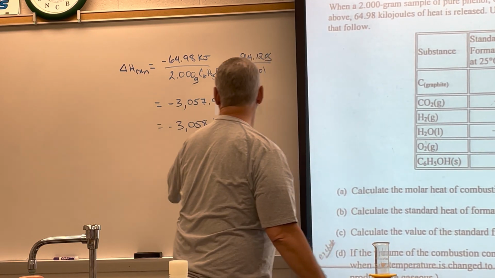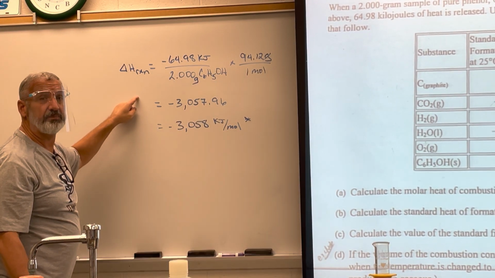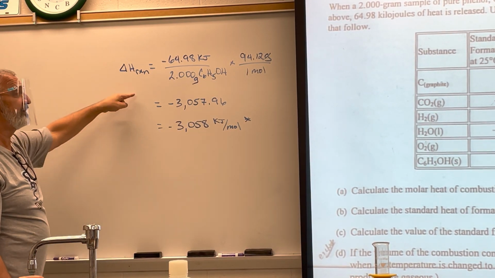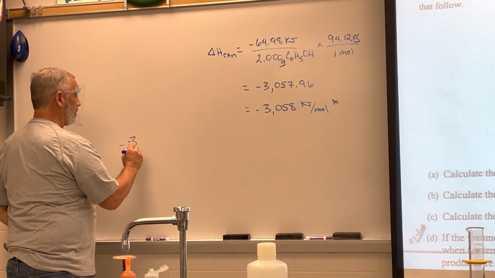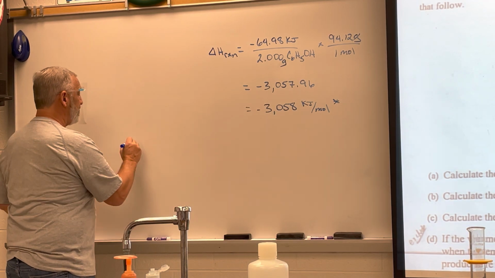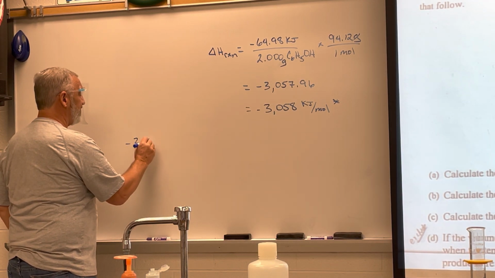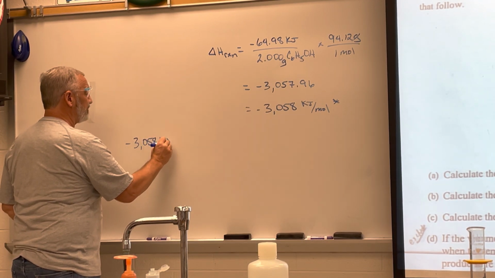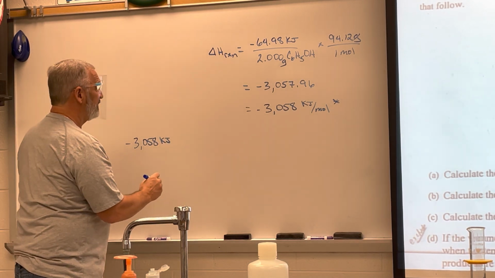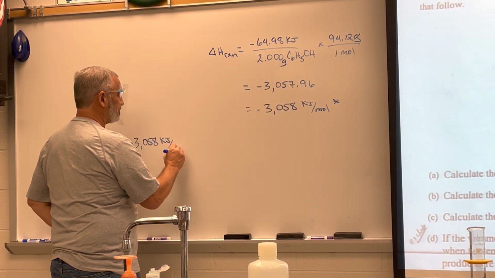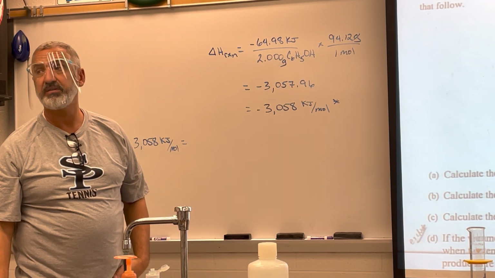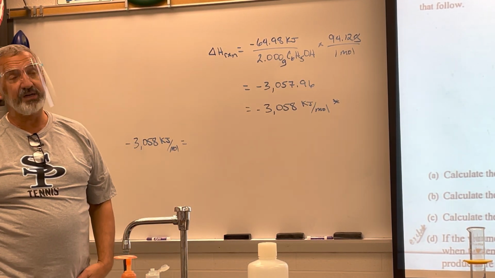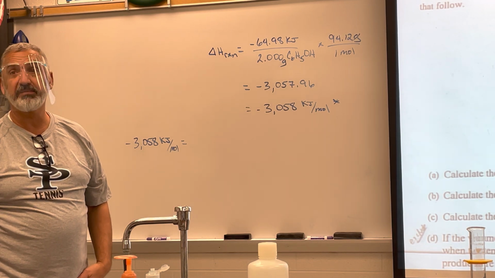But now I know delta H. So my negative 3,058 kilojoules per mole is equal to, what equation do I use? Products minus reactants. This is when you use Big Mama.